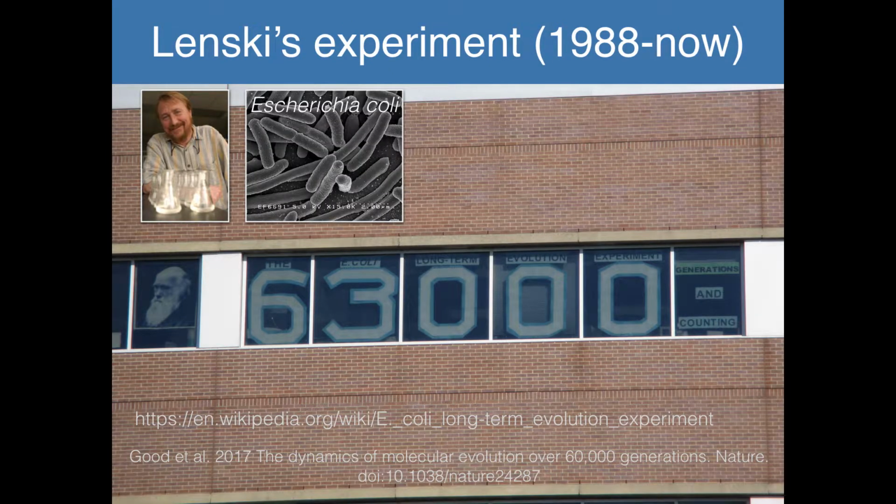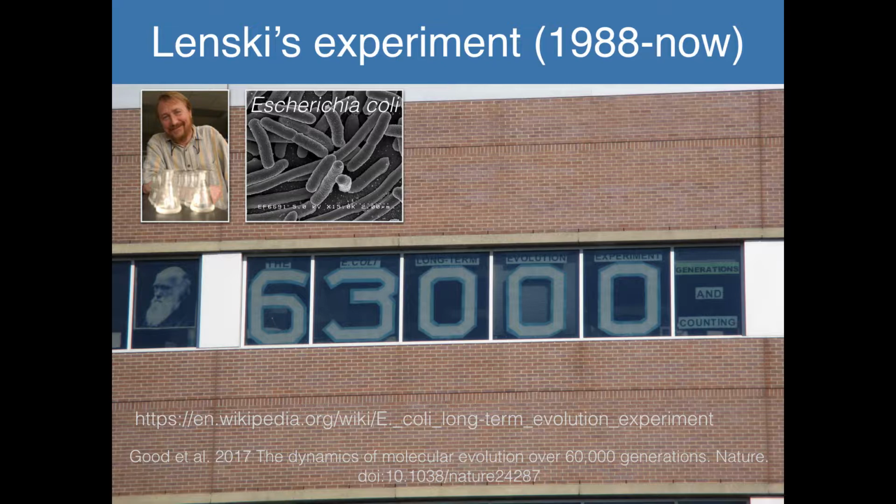One of the best examples illustrating this kind of concept is the famous experiment by Richard Lenski, which has been running in the US, in Minnesota, I think, on E. coli. So, apart from causing stomach upsets every now and again, it's a lab species.